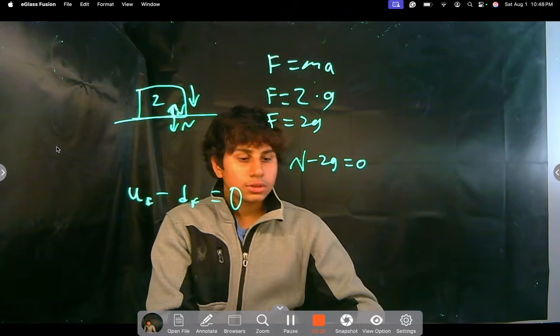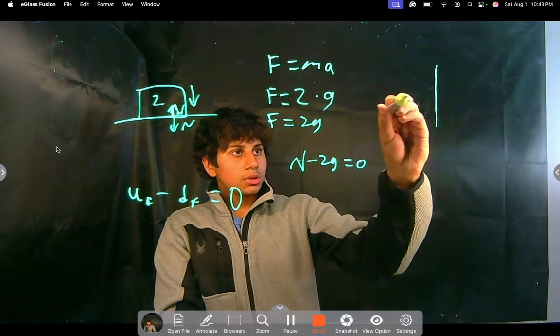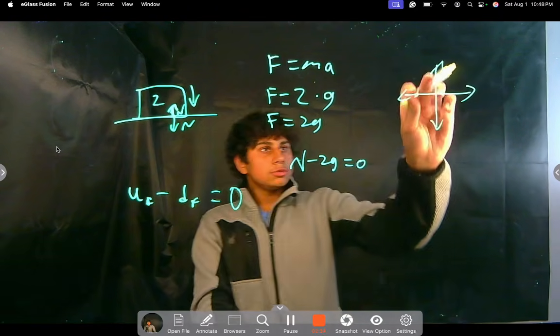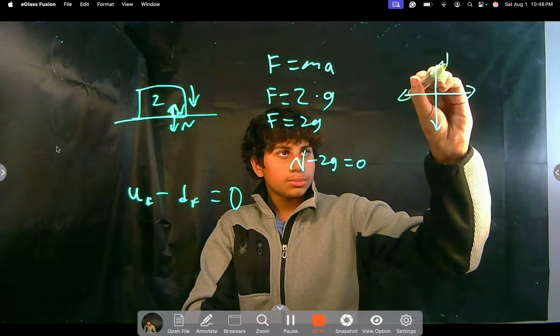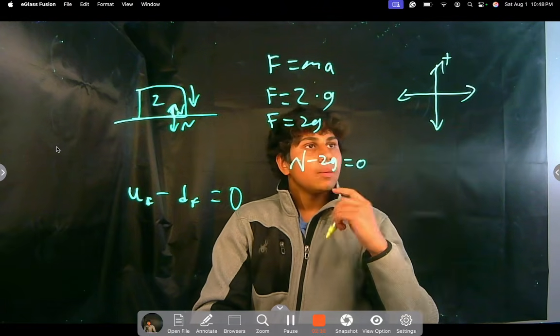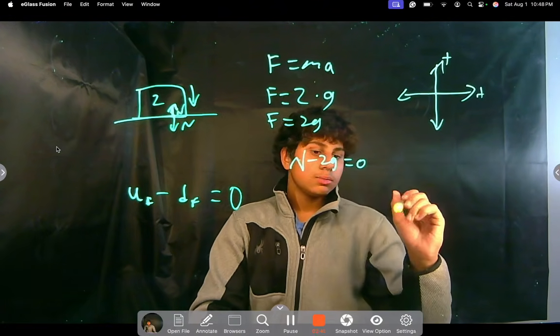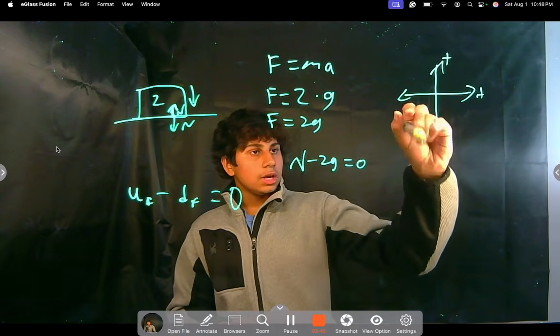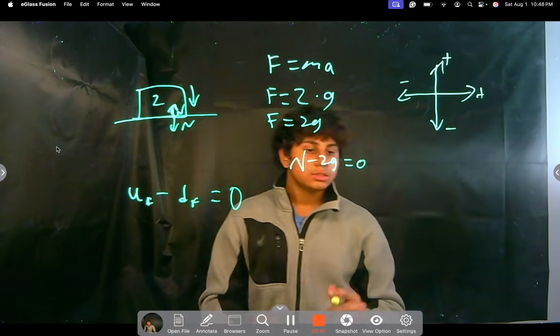So there's a few ways you can think about this. Let's think about this in a coordinate plane system. If something is moving up in the y-axis, it's positive, or right in the x-axis is going to be positive, which means that you're adding that force. And if it's moving down the y-axis or left in the x-axis, it's going to be negative.